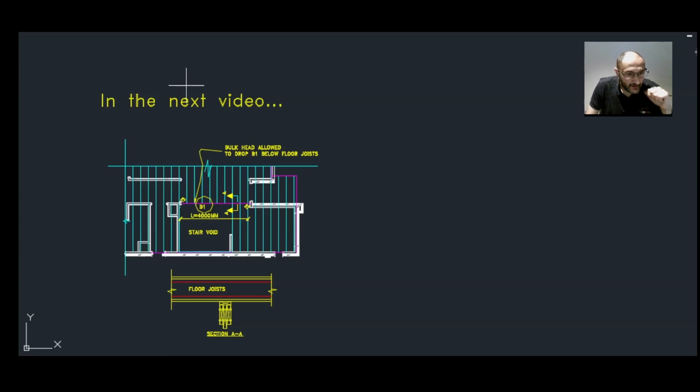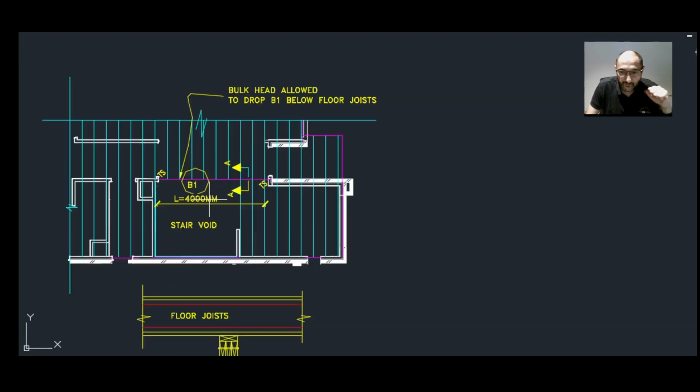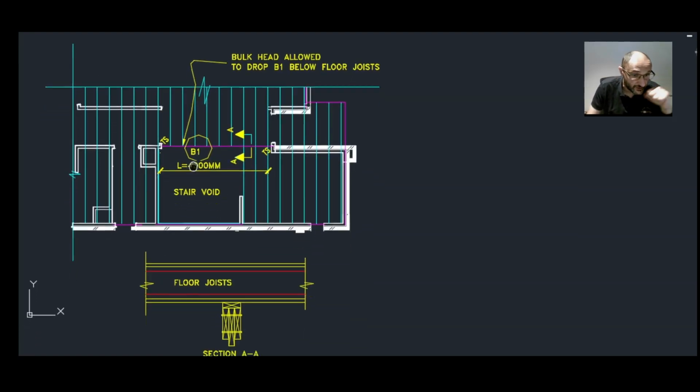Now in the next video, I have another example that I'd love to show you. We will look at a 4 meter long floor beam which resists floor dead loads and live loads.